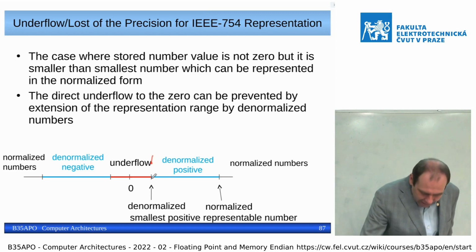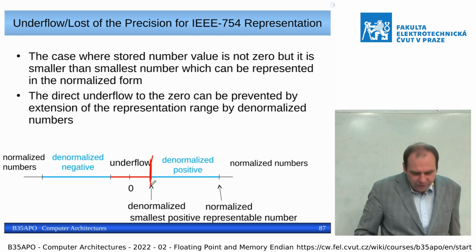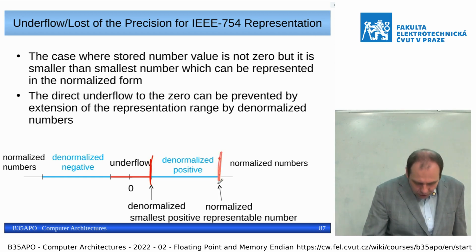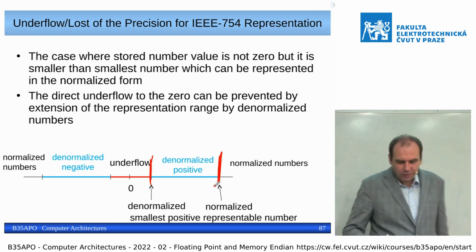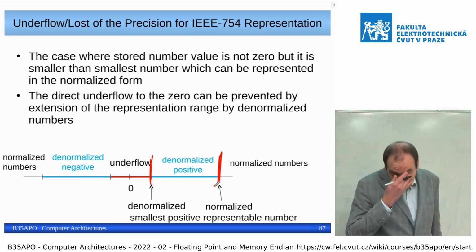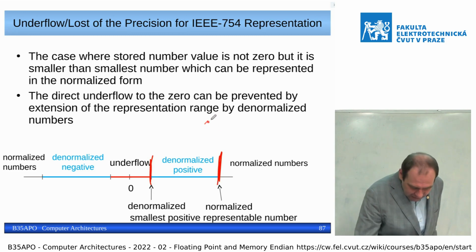If you look there, we are looking for the smallest normalized number which we can represent. So what is that number? That number would be, in our representation, a 0 for the sign, then all the zeros, 8 zeros for the exponent.